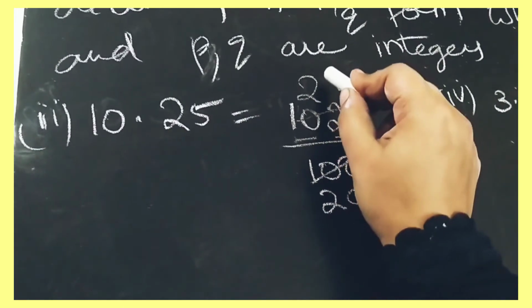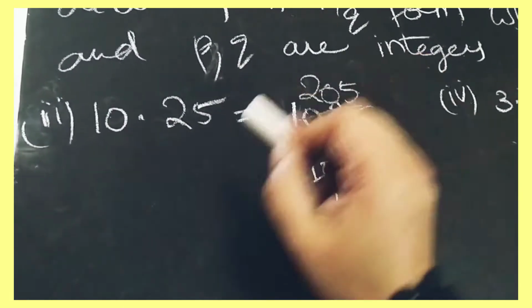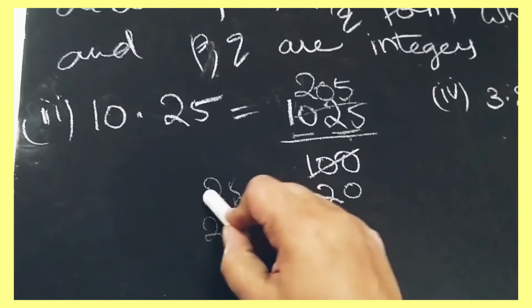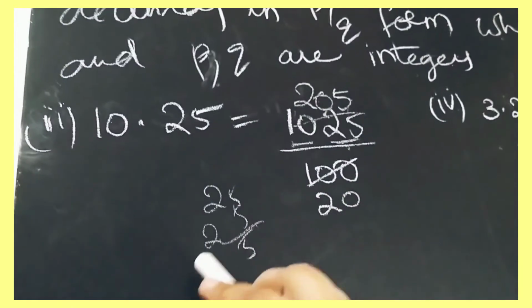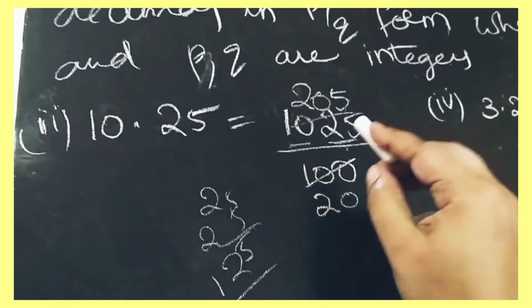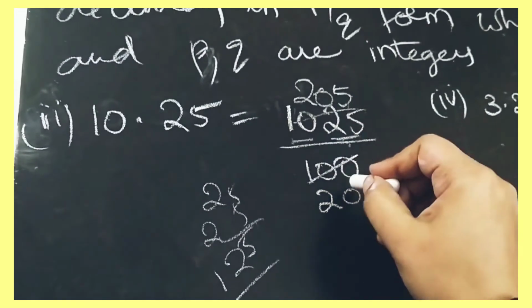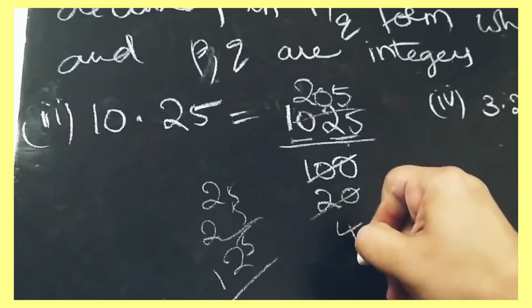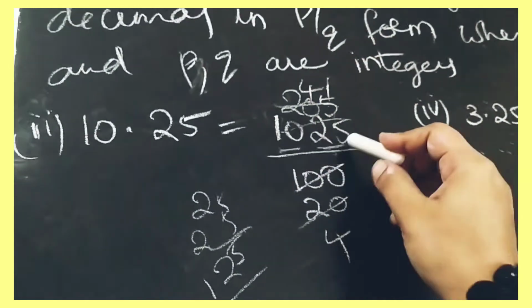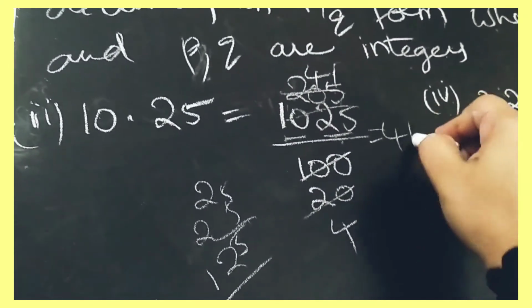Between 0 you have to take. 5 5s are 25, 5 2s are 10, 11 12, it is 125. So 205 you have to write here. Again 5 4s are 20, 5 1s are 5, it is 41 by 4.